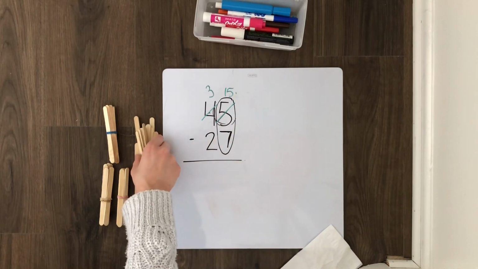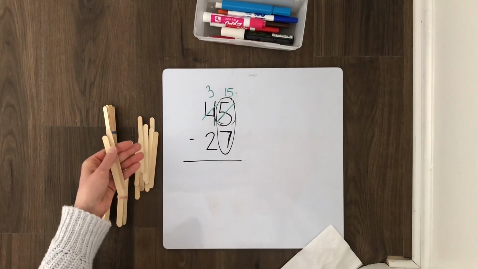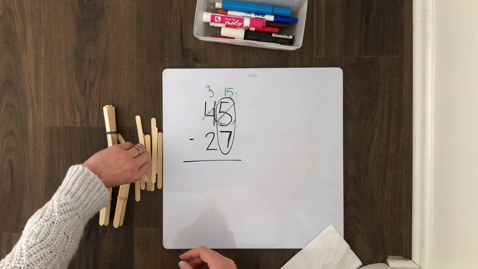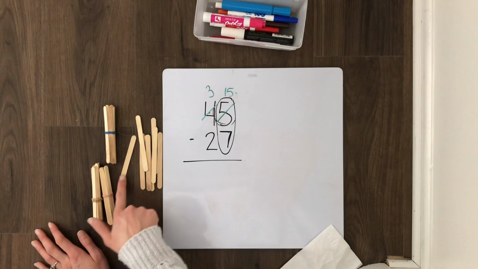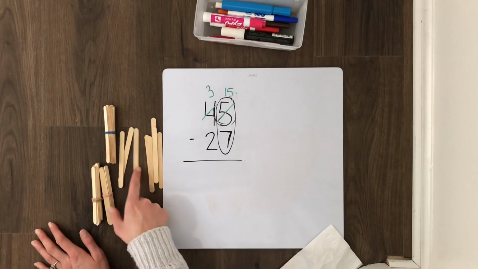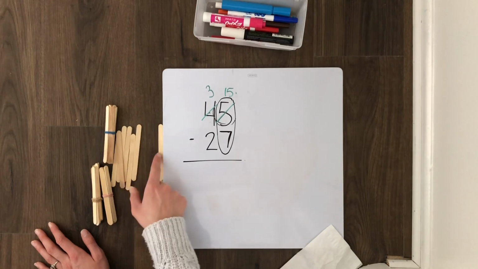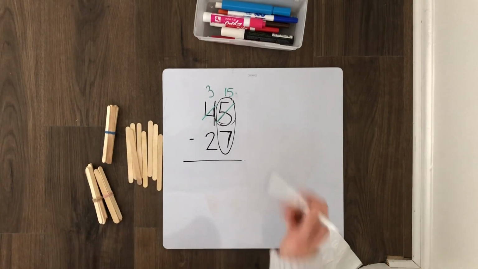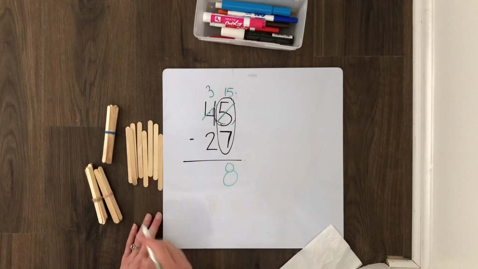You can use your popsicle sticks to take 7 away. 1, 2, 3, 4, 5, 6, 7. And how many are we left with? Let's count. 1, 2, 3, 4, 5, 6, 7, 8. Okay, 15 minus 7 is 8. There are now 8 ones.